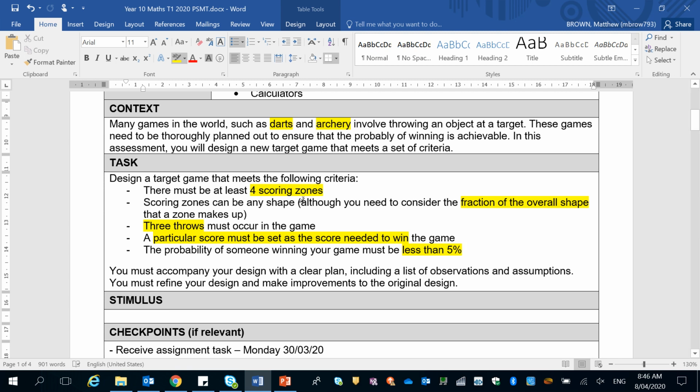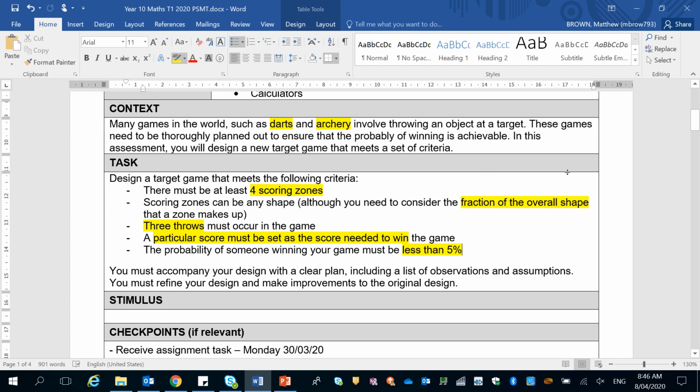So you have 4 scoring zones. You are determining the fraction of the overall shape, and you have 3 throws. Okay, so if you're looking at this, you need to calculate the probability of getting this score, and that score is going to be made up by what you get by making 3 throws.